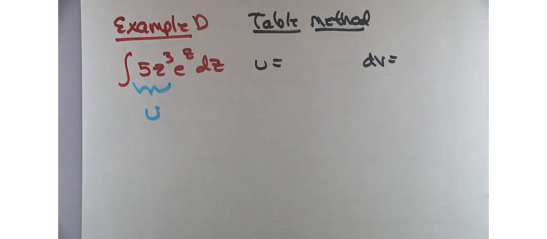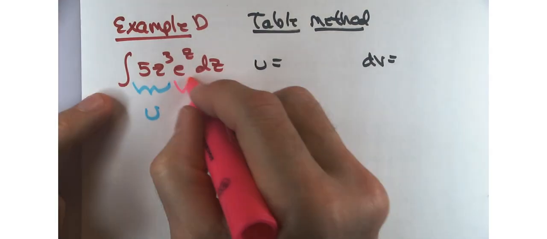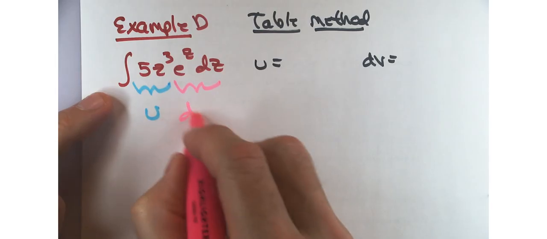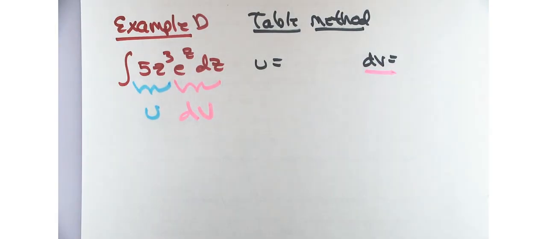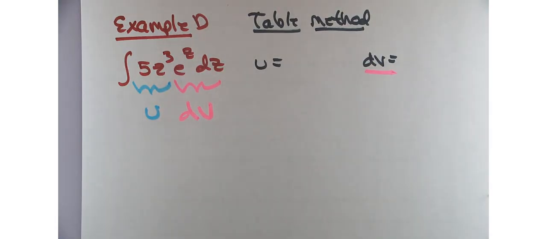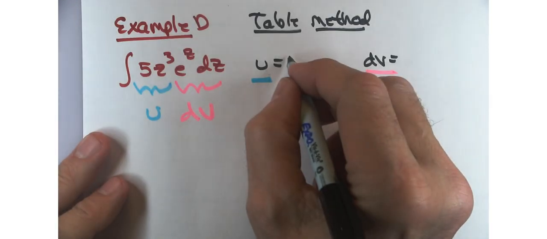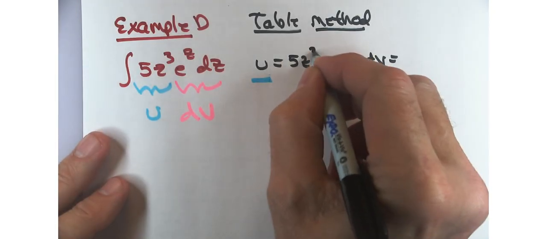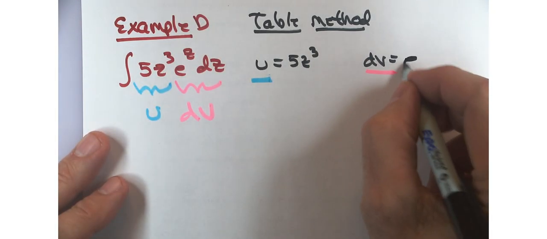How about my dv? Well, that's going to have to be my dv. So let's see, we'll do 5z cubed e to the z dz.